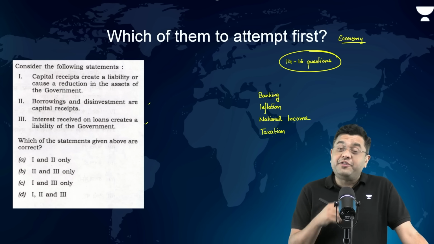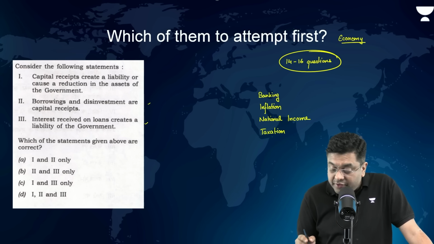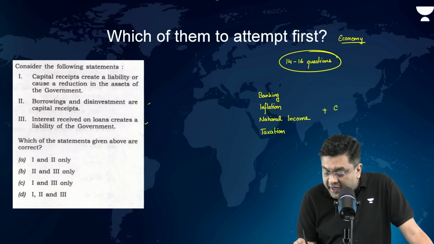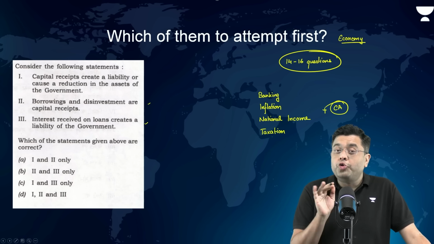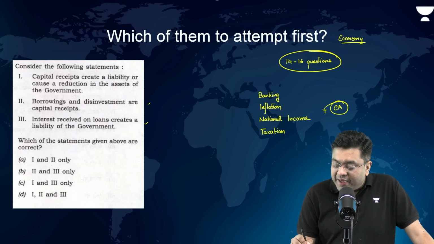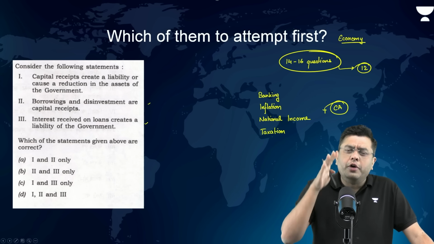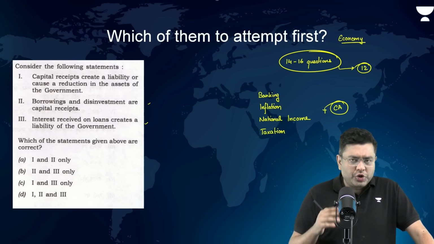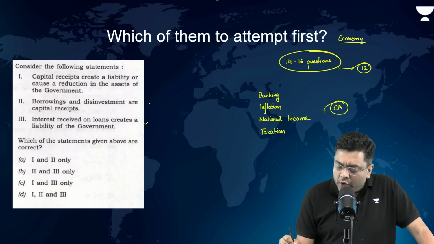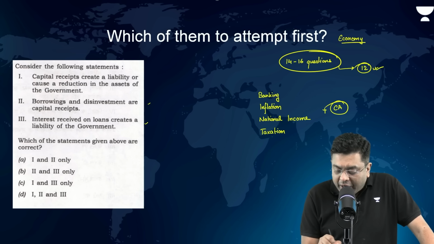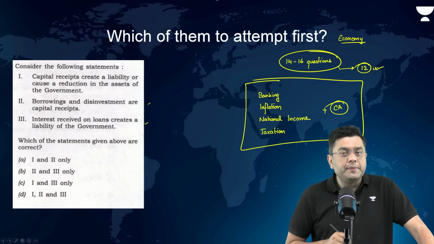Subsidies, government spending. If you cover just these basics along with current affairs, out of 14 to 16 questions, you can easily solve around 12 of them. Let's assume two or four of them are very factual. Still, you will be able to solve 12 of them if you have taken care of this portion.